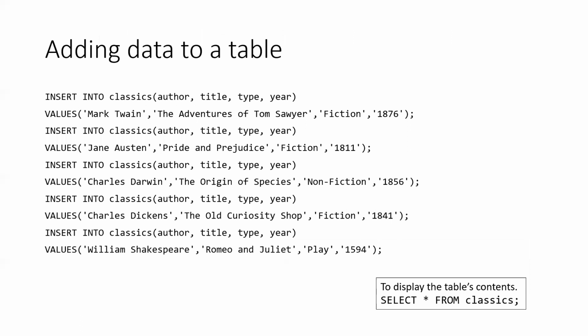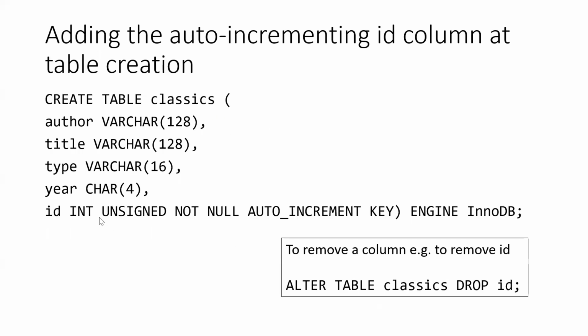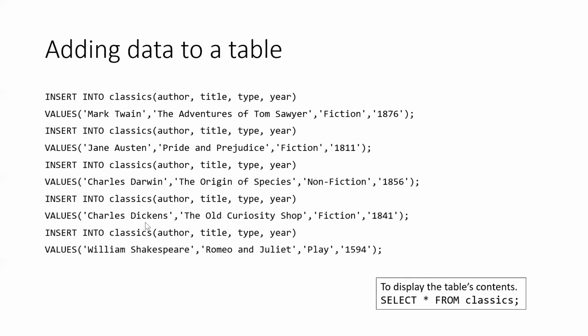Right, now let's look at adding data to a table. In this particular case, we will see the classics. If you are going to insert values for everything, you don't have to put the field names. But you see in our example, we have ID as well, and here we are not adding ID, it's automatically created for us.